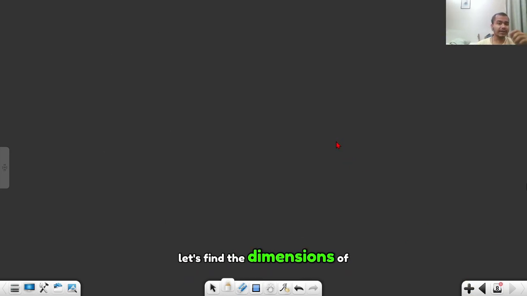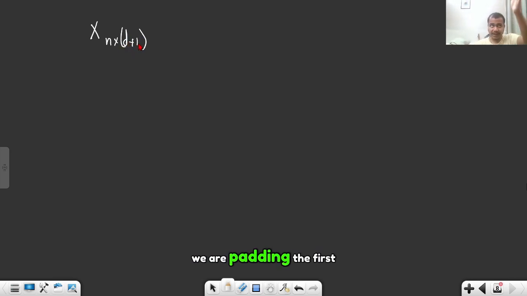Let's find the dimensions of beta. We know that x has dimensions of n data points into d plus 1 features. Why? Because if you have d features, we are padding the first column with all ones. We have x as n into d plus 1.